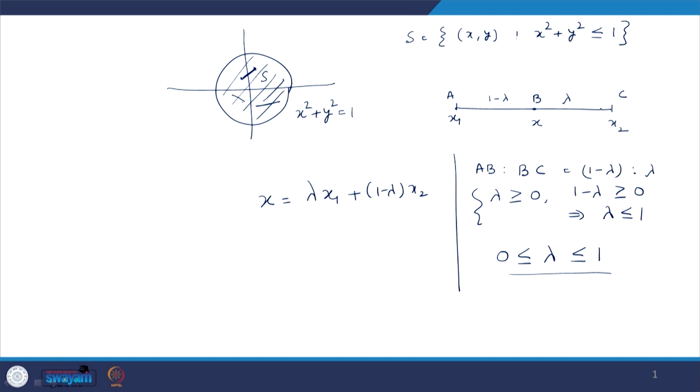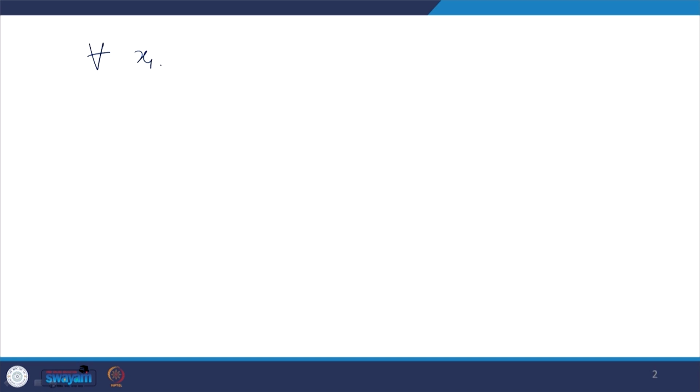We want that any x which is in between x1 and x2 must belong to S. So, that means for all x1, x2 in S and lambda between 0 and 1, lambda x1 plus 1 minus lambda x2 must be in S.